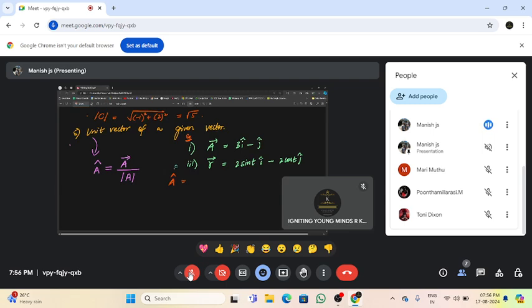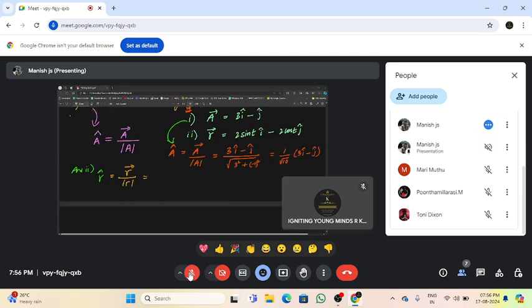Anybody? What is the answer for the second part? Tell me the numerator and denominator terms, children, and then let us evaluate it individually. Go ahead, feel free to answer, don't hesitate. I'm always there to help you. We are learning. Vector r upon modulus of vector r.